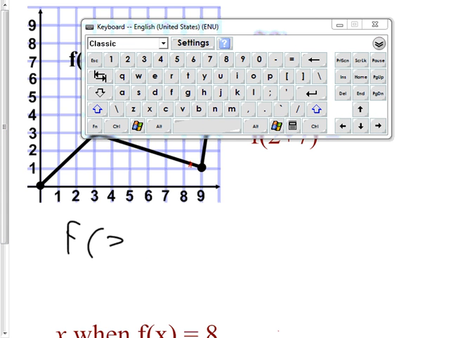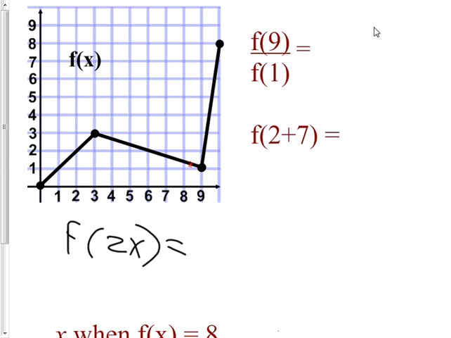F of 2x is equal to 8. I want to know what x is.